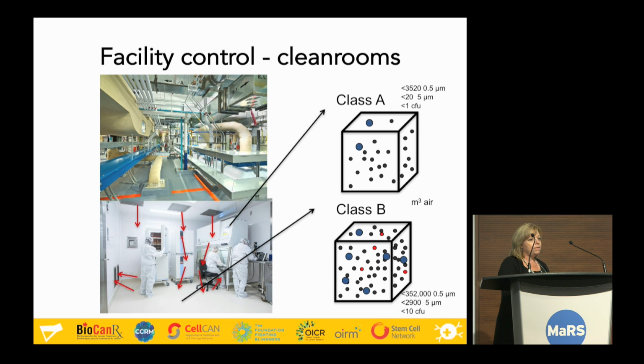In the room itself, that's a Class B, and so you're allowed to have more particles in the room, and you're allowed to have up to 10 microbials in the room.